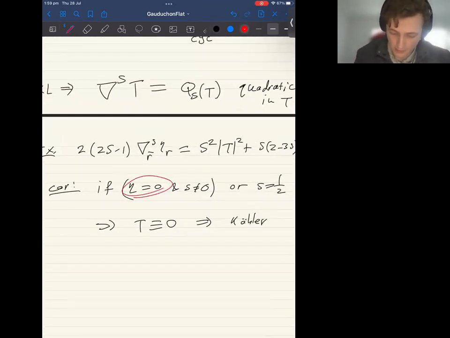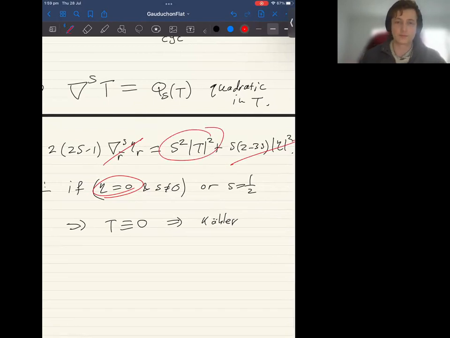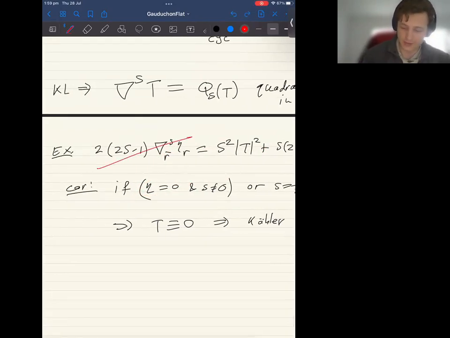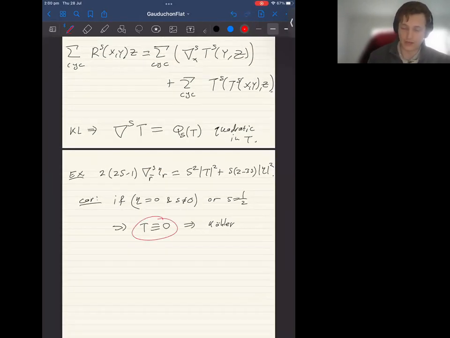Say eta was 0, then this side would vanish, this would vanish, and then the torsion has to vanish for s not equal to 0. Say s was a half, then this would be bigger than 0, and this would be bigger than 0. Again, these two have to vanish identically. And then the torsion vanishing means that the Chern connection is the Levi-Civita connection, which means it's scalar.